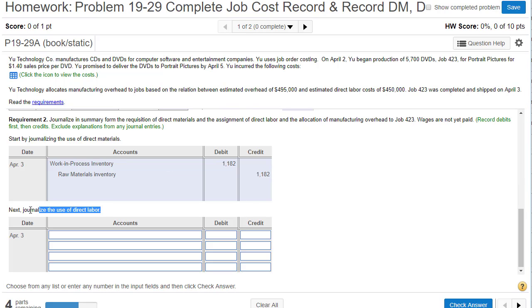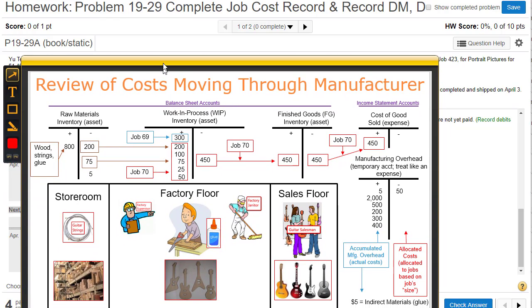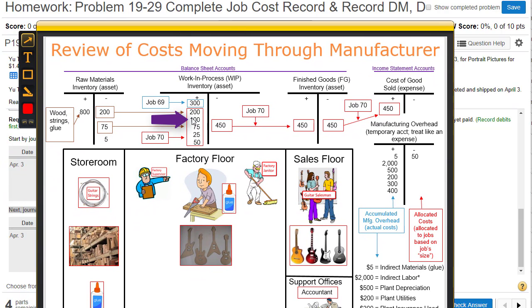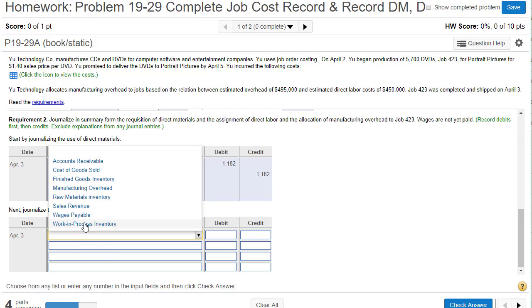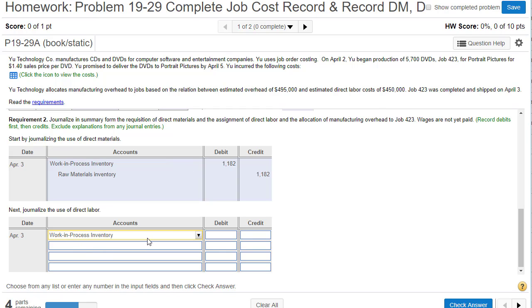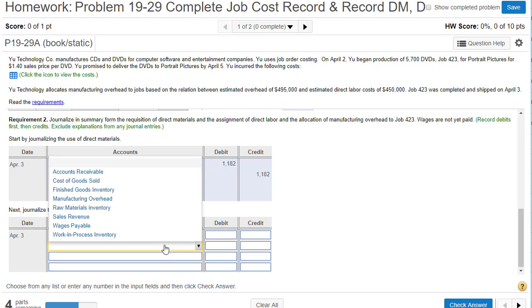Next, it says journalize the use of direct labor. So going back to our work in process, if you remember from the slides, this $100 was job 70 and the $25 was direct labor. So when we record direct labor, we're just increasing the cost of this job. So we're going to increase work in process inventory, which is accumulating the cost of the job. And remember, it says wages are not yet paid, so that's wages payable.